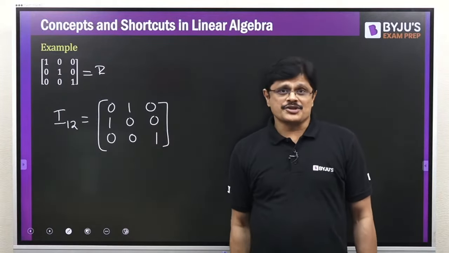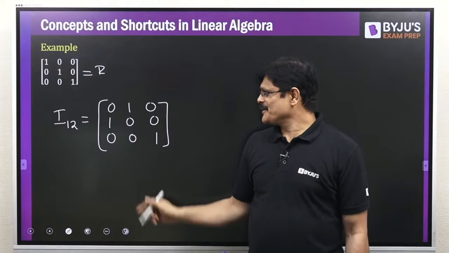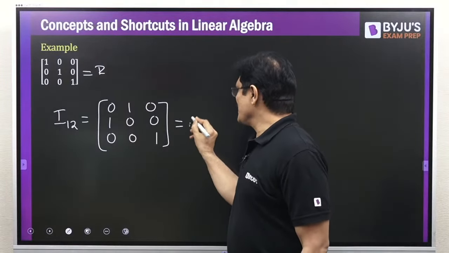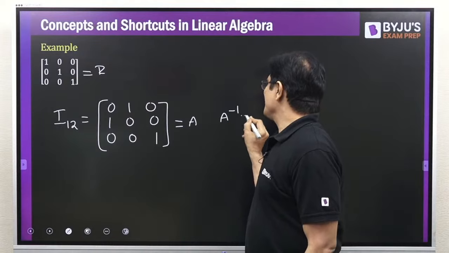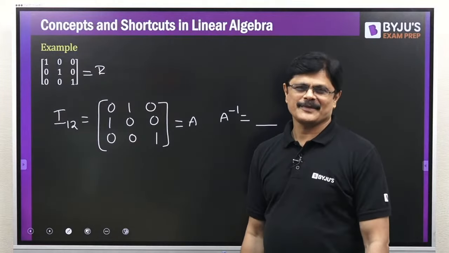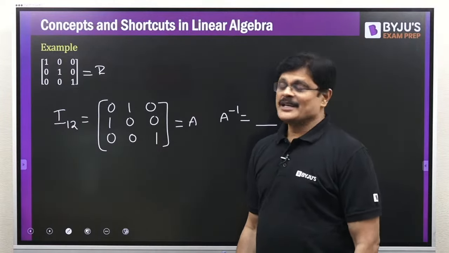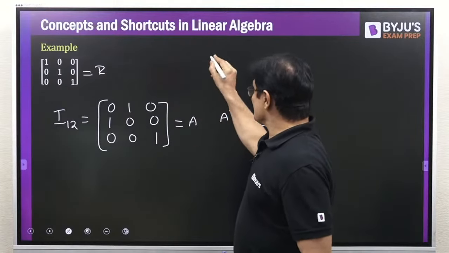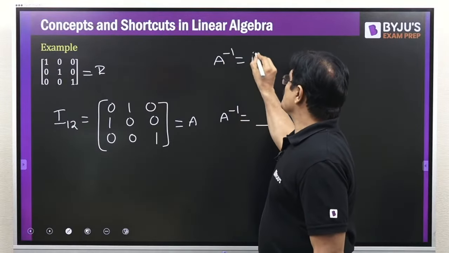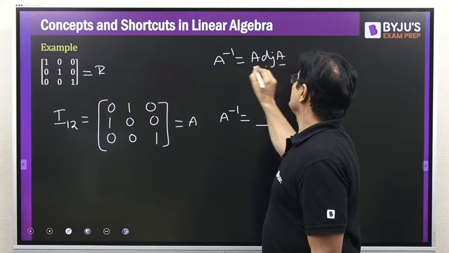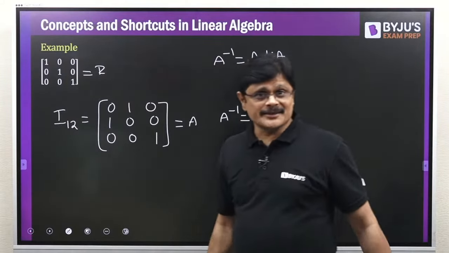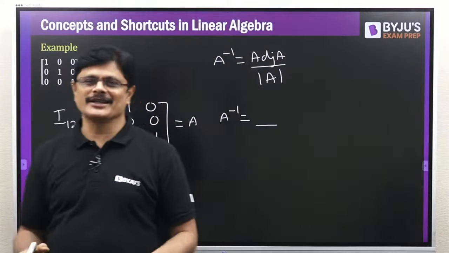You know, there was a GATE question. They gave this matrix as some A and they asked what is A inverse. You know what is the answer for this? If you don't know this result, to find this answer you have to do adjoint A by det A. Tomorrow morning you will get the answer. Of course, tomorrow morning in the sense it takes time.